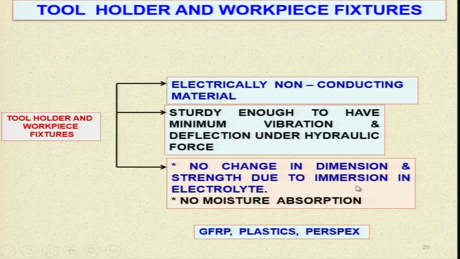There should be no change in dimension and strength due to immersion in electrolyte, and I have already mentioned that immersion of the tool and workpiece may take place in the case of the ECMM process, and no moisture absorption should be there in either the tool or workpiece materials. You can use GFRP, plastics, perspex, etc. for the tool holder as well as the workpiece holder, as I have given over here.